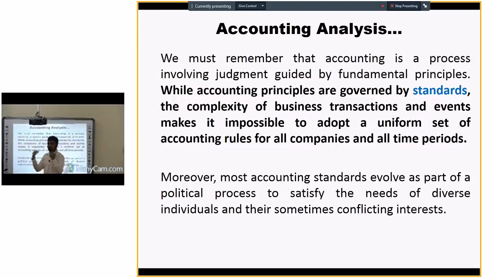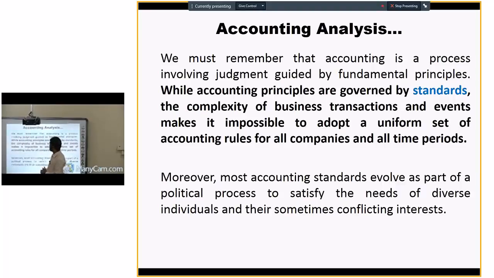In addition to that, other organizations try to issue important additional information for decision makers, especially for investors, that type of users, right? That objective can be achieved by this type of program.